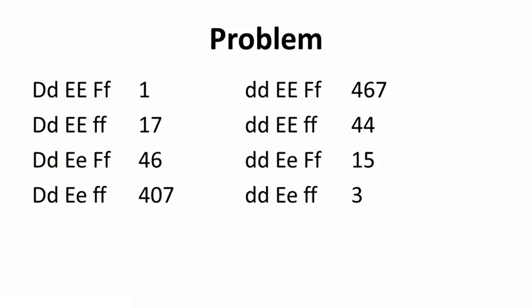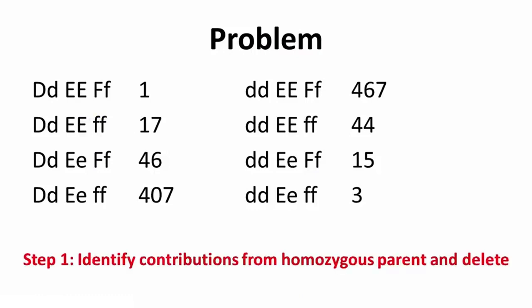So what do we do? Well, the first step, as I said, was to identify the contributions from the homozygous parent and delete. Now, how do we figure out what the homozygous parent gave? Well, the homozygous parent is always giving the same alleles. So looking at all these offspring, for example, the D gene, what does every single individual here in the left column and right column have?